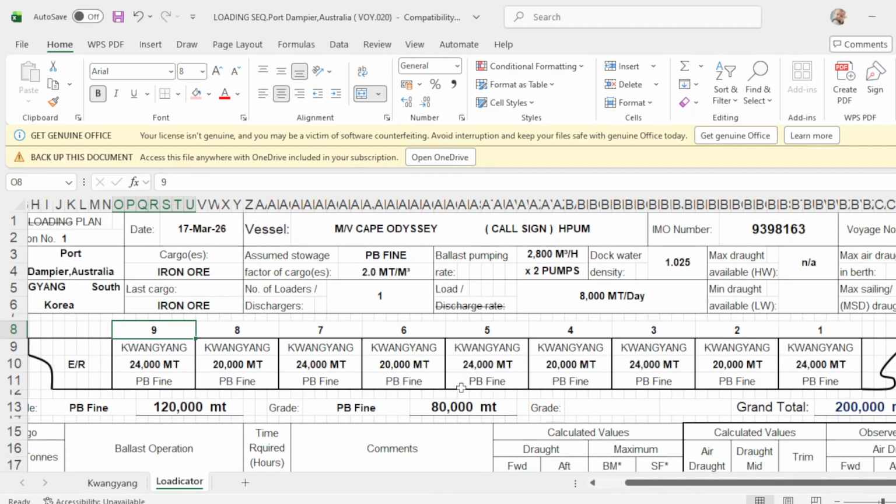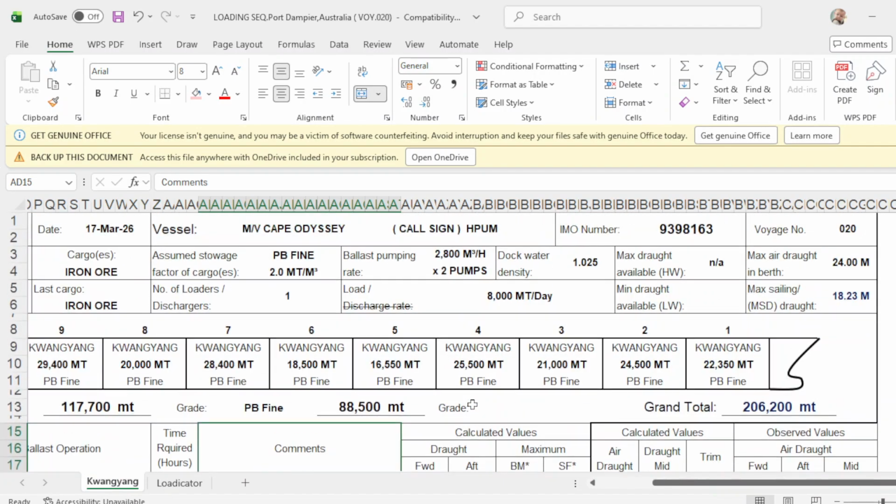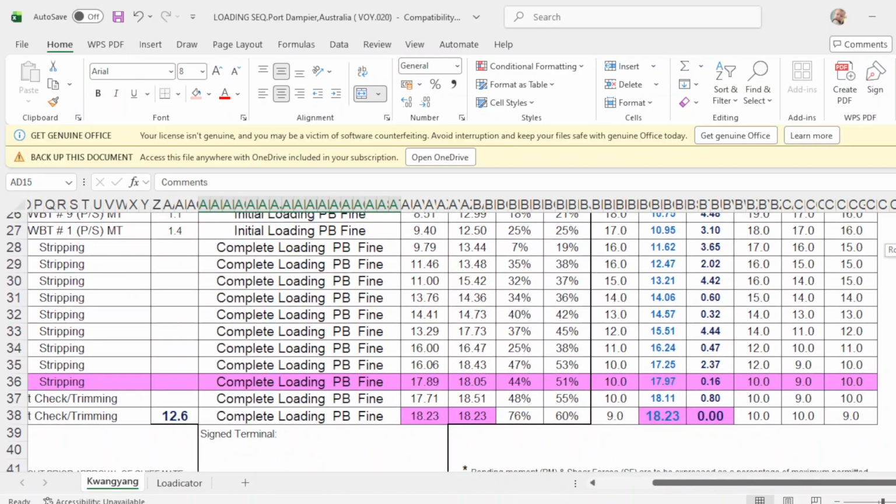So take note, if you follow this figure, your sailing plan, exactly, you will get this drop of even keel of 18.23 meters, and your bending moment is 76%, shearing force is 60%, and you will have zero deflection.